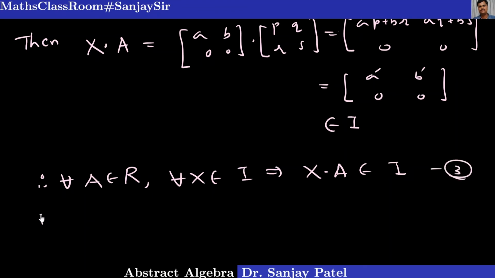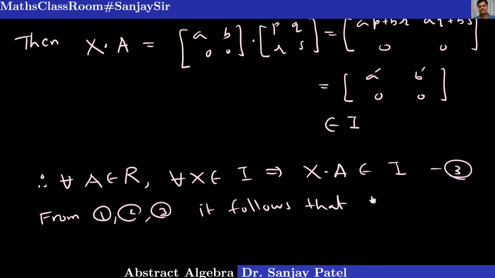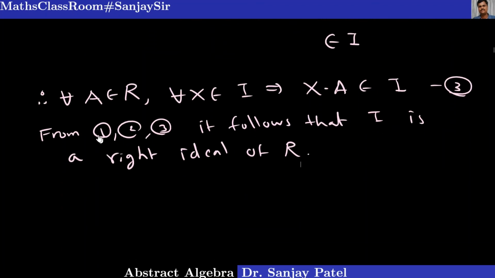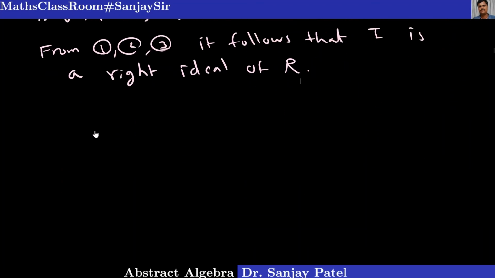So from 1, 2 and 3, it follows that capital I is a right ideal in the ring R. But we also want to show that it is not a left ideal. For left ideal, only one thing is left, that we should check the condition of left ideal.